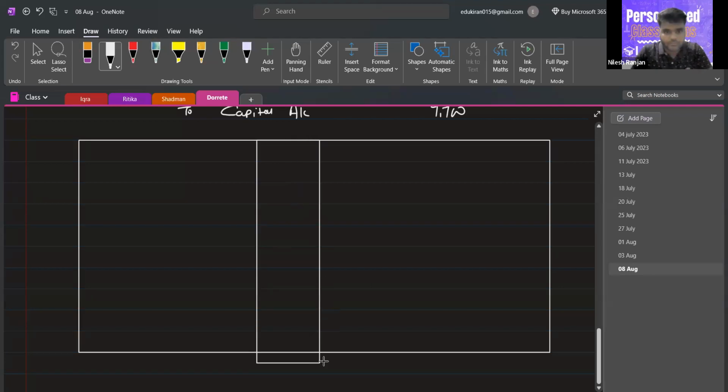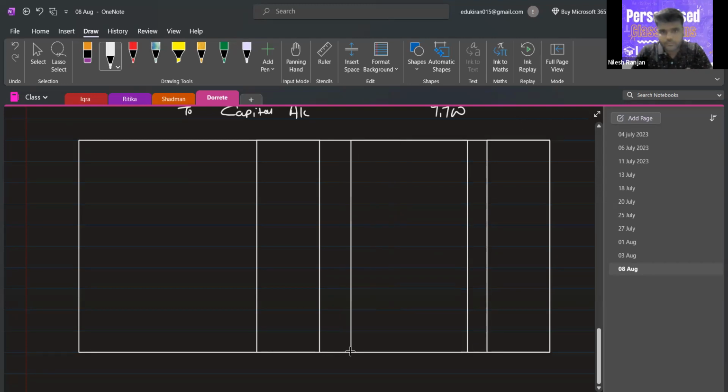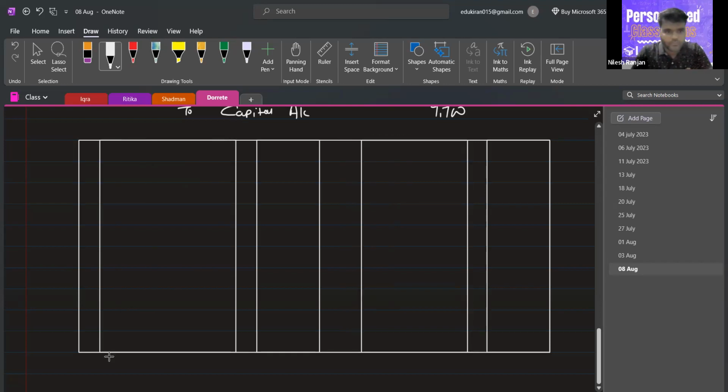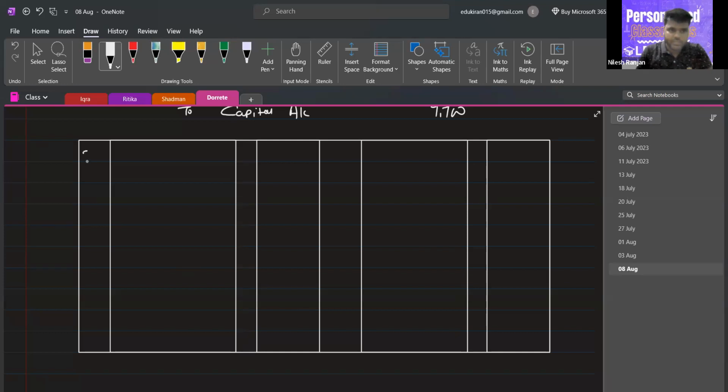Date, particular, JF, amount, date, particular, JF, and amount. Yes?